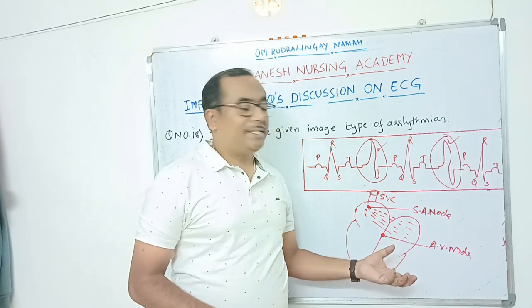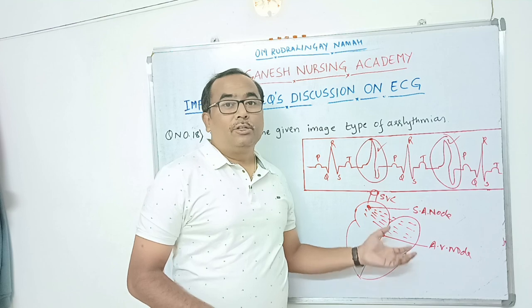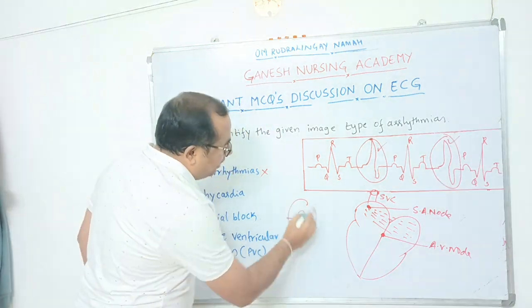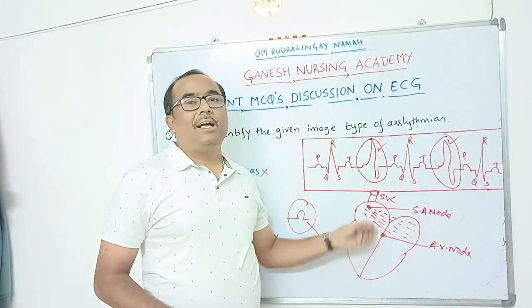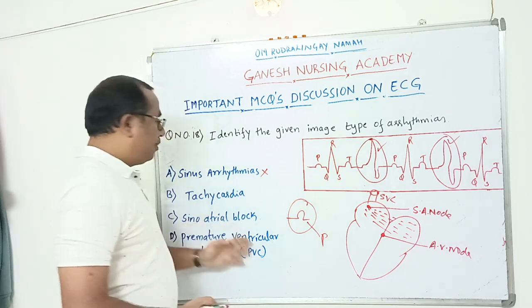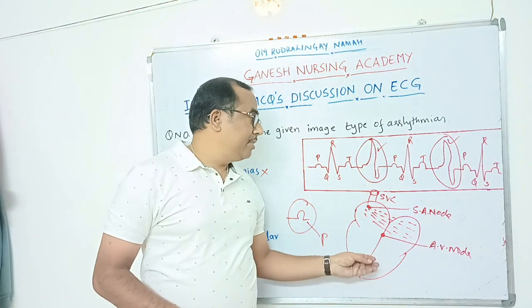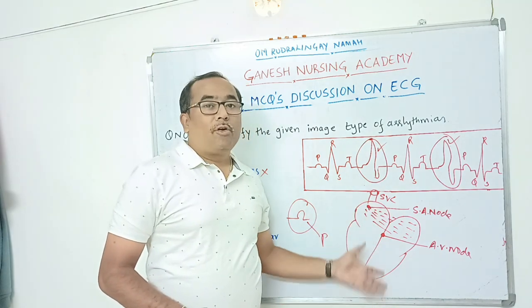So because of this, what happens here? There is no excitation of the atrial chambers and no atrial contraction. Normally the P wave is an indicator of atrial activity, so this P wave is absent in case of sinoatrial block. Why? Because there is no proper conduction of electrical impulses from the SA node to the atrial chambers, and no proper atrial contraction.